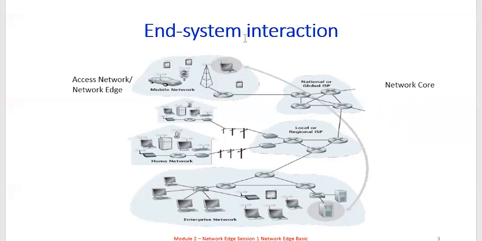So the network can be partitioned into network edge and network core. In the network edge, wired or wireless communication is possible. For example, in a mobile network, we use a base station as the edge. In a home network, we use routers as the edge.